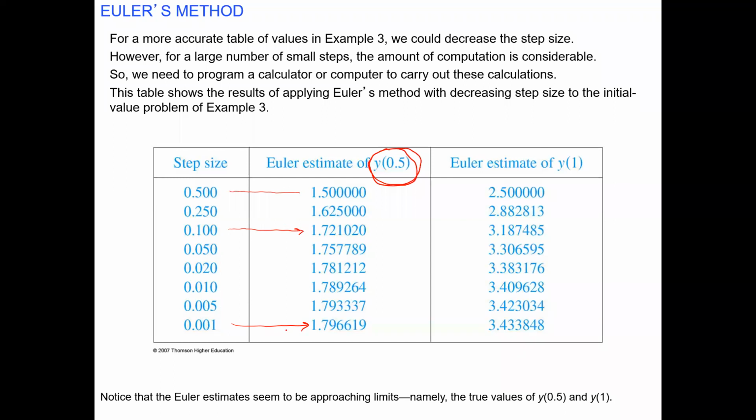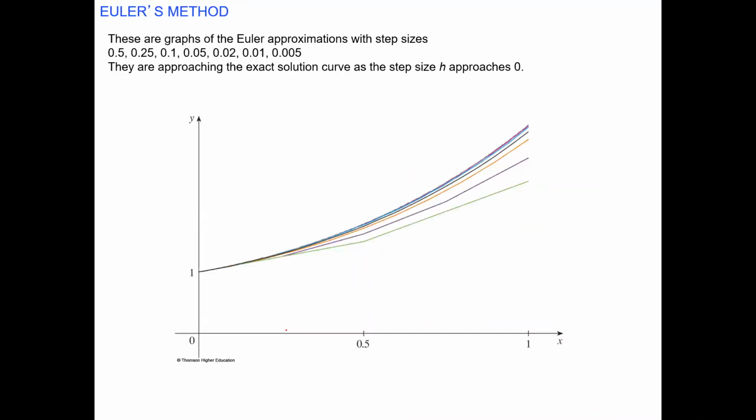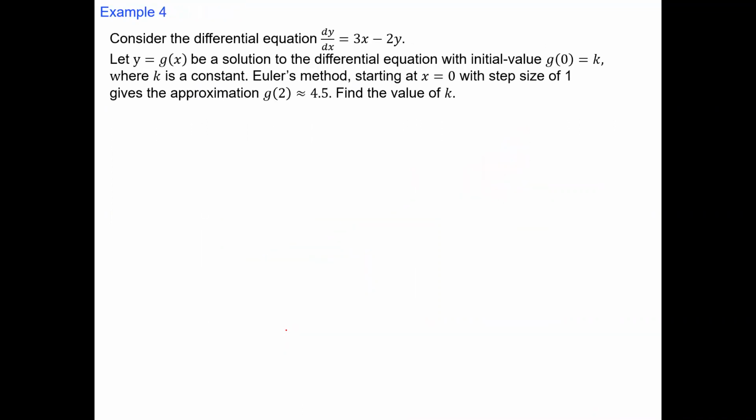Okay, that's some ideas. And let's solve two problems and we will be done. Okay, consider the differential equation dy/dx equals 3x minus 2y. Let y be a function g of x and be a solution to the differential equation with the initial value g(0) equals k, where k is just a constant.